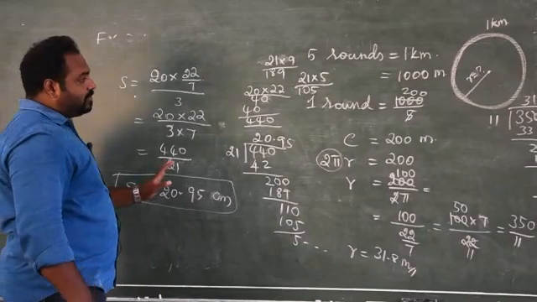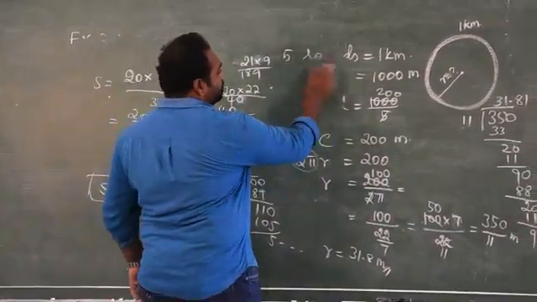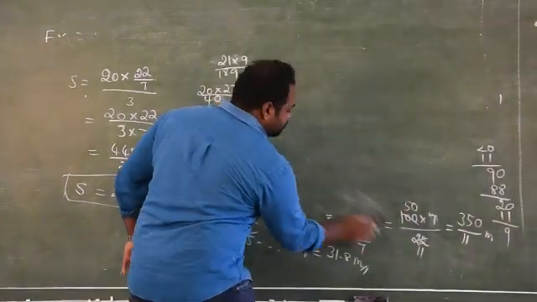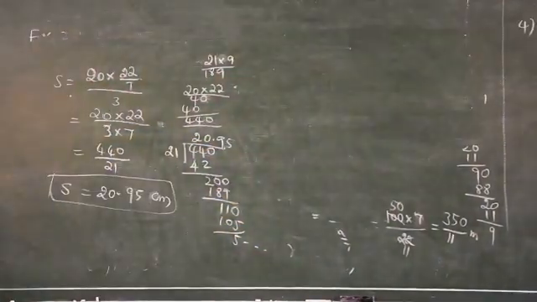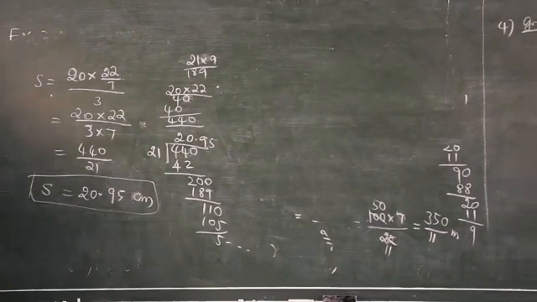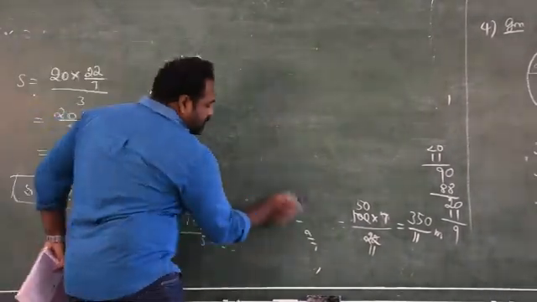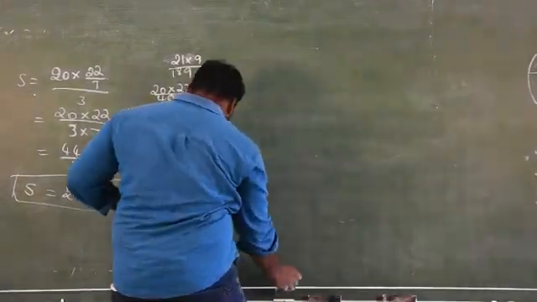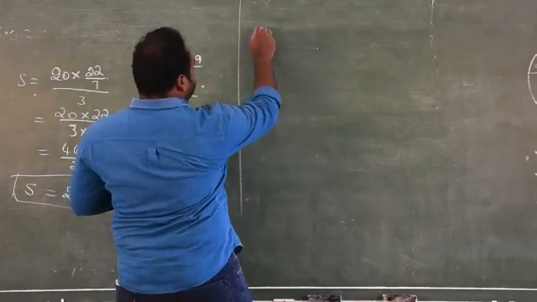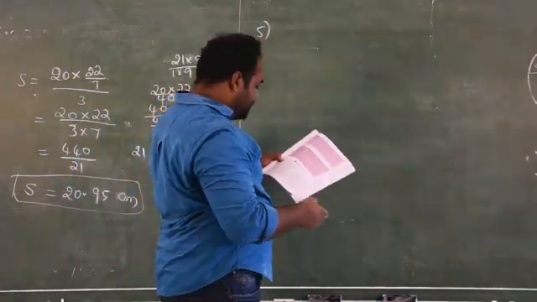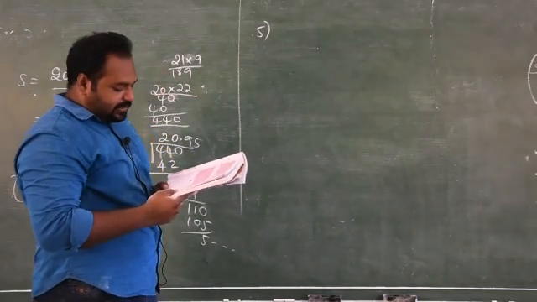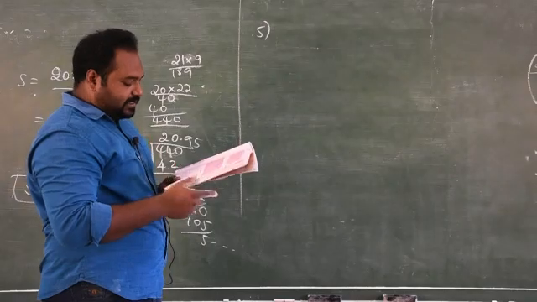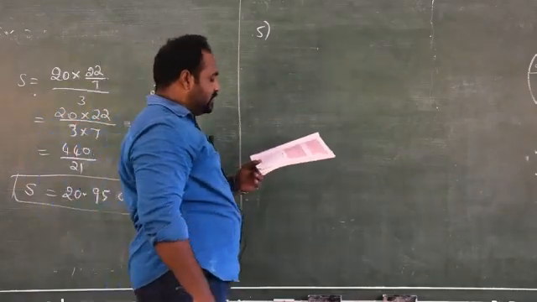Next, problem number 5. Problem number 5 is: find the degree measure of the angle subtended at the center of the circle of radius 100 centimeter by an arc of length 22 centimeters.